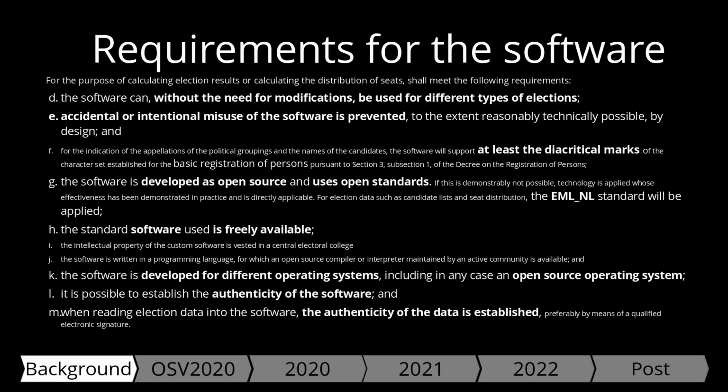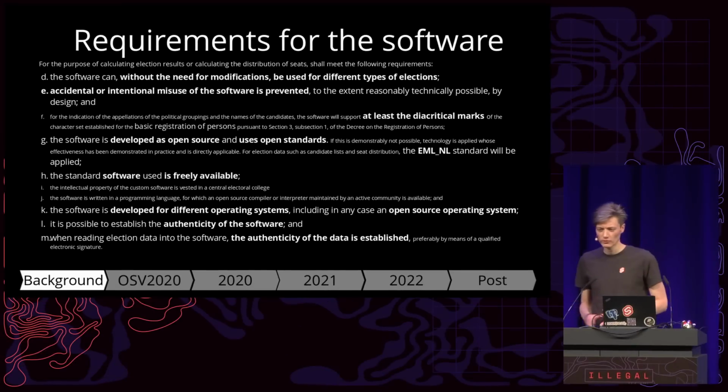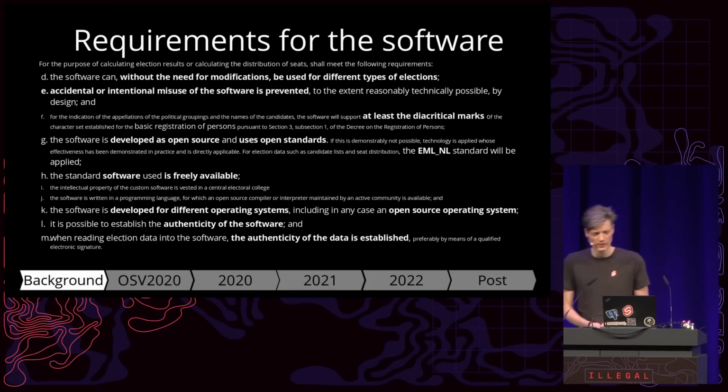And there's a list of legal requirements for this software. It should work for all elections. Accidental and intentional misuse should be prevented. It should be open source, although there are some asterisks: it doesn't necessarily always need to be open source if it cannot be done open source somehow. Open standards should be used.